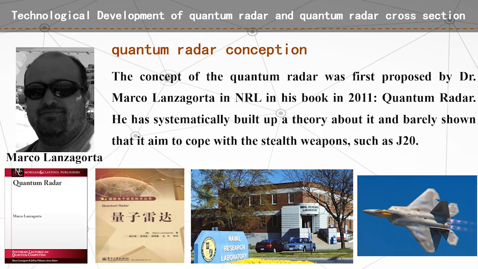In that book, he systematically built up a theory about it, and barely showed that it aimed to cope with stealth weapons threats, such as the J-20 in my country.